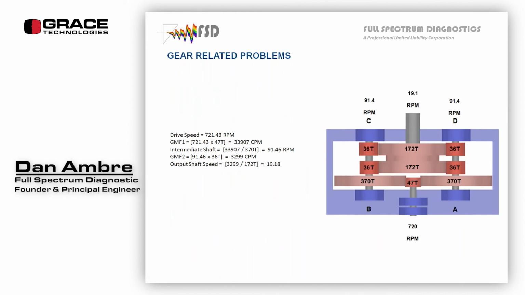Couple of gearboxes. And you can walk through this. Basically, gear mesh frequency is RPM times the number of teeth. So 720 times 47 will give me this gear mesh frequency, and then I'll have another gear mesh frequency here. And there's 2 shafts, so all these 3 are in contact, so they share one gear mesh frequency, and these 2 are in contact across here, and they'll share a gear mesh frequency.